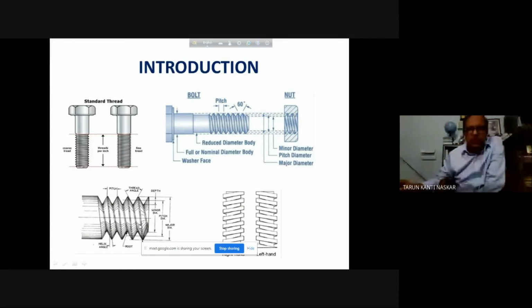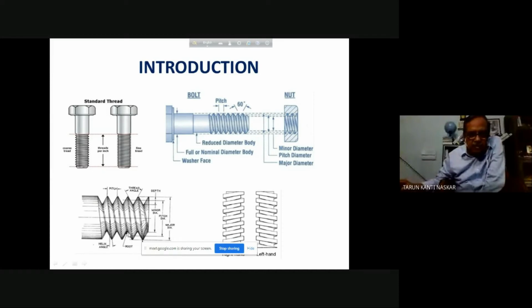Now in a larger form, this is pitch. You see helical grooves are there. This is pitch. So this is thread angle. This is minor diameter, this is pitch diameter, and this is major diameter.